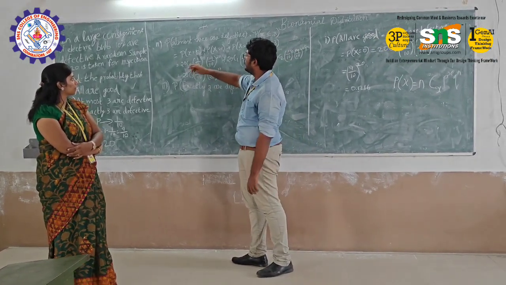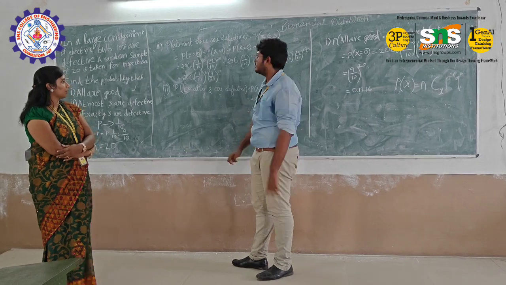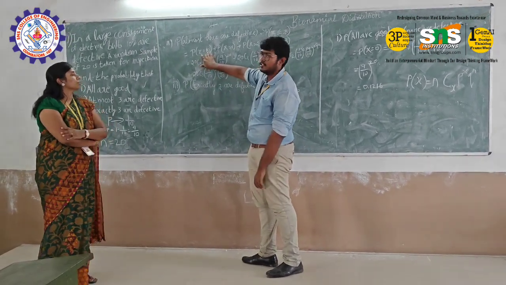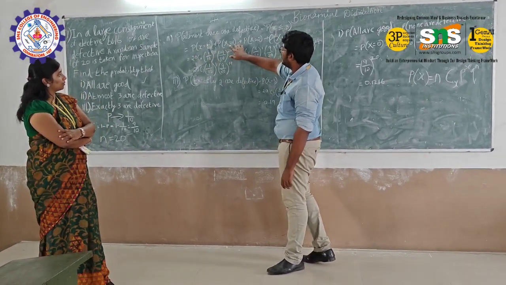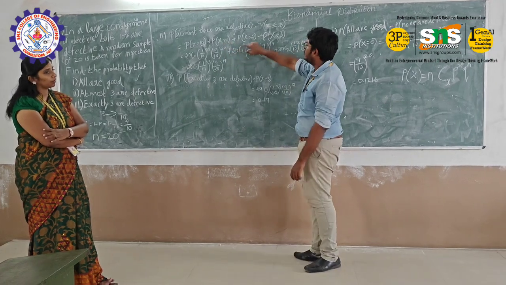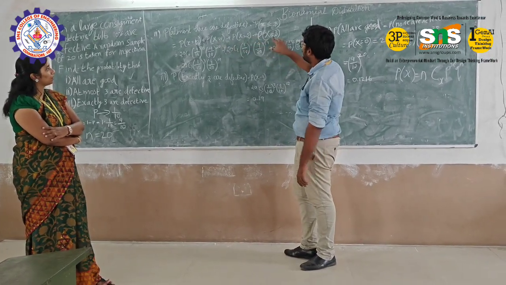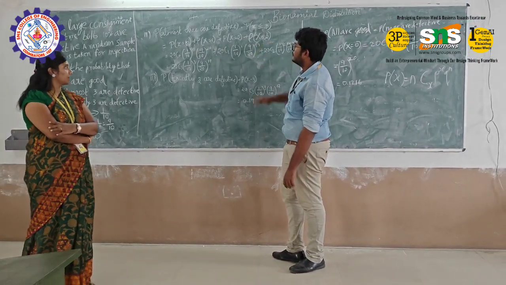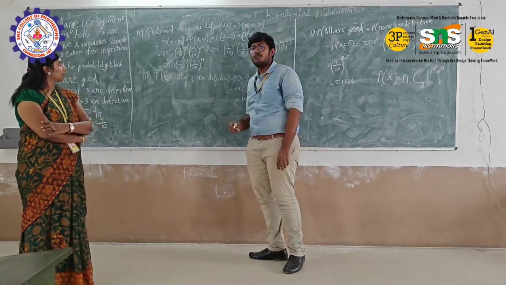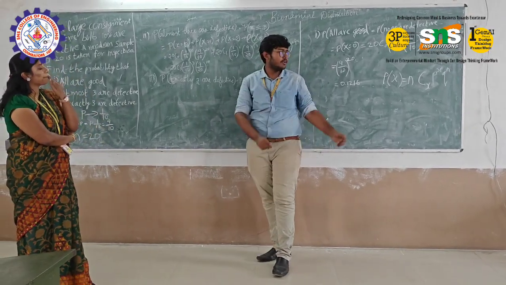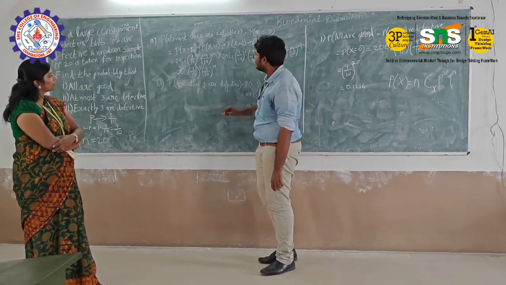Here we are going to add 4 probabilities: what if there are none defective, 1 defective, 2 defective, and 3 defective. We apply the same binomial distribution formula 4 times.